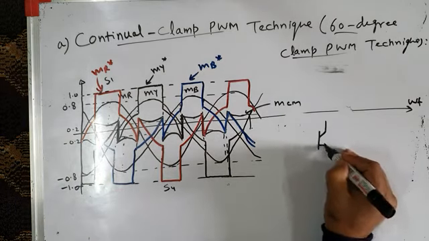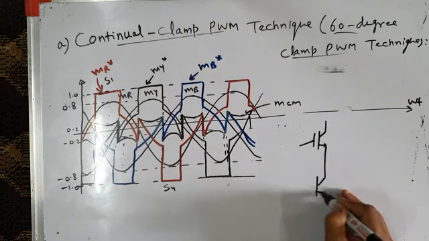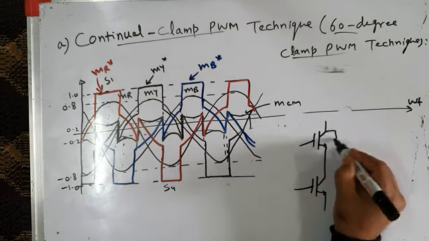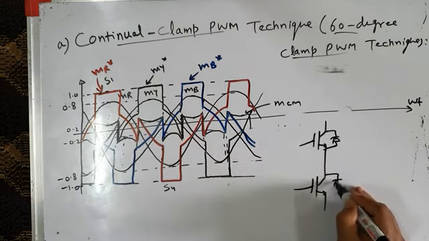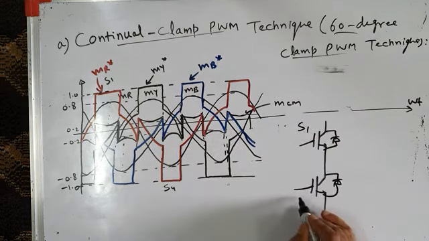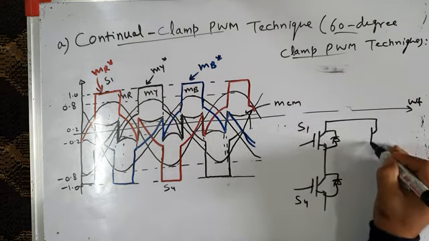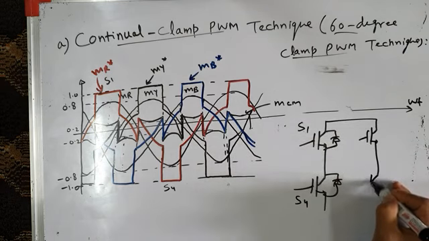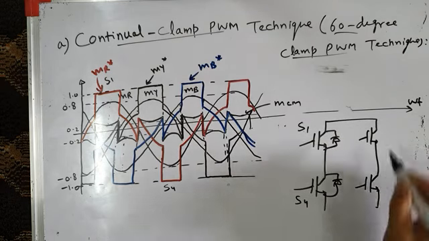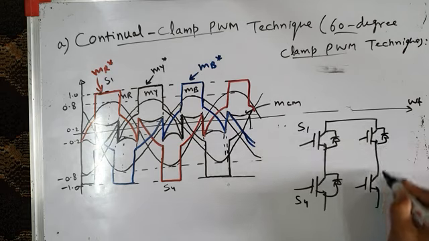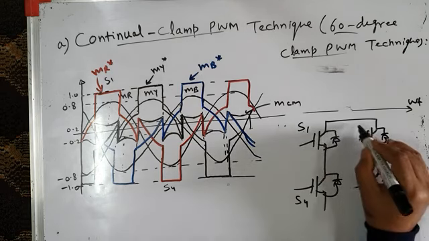For example, phase leg R comprises two switches. One is the top switch S1 and another is the bottom switch S4. Similarly, phase leg Y also comprises two switches, one top switch and one bottom switch.